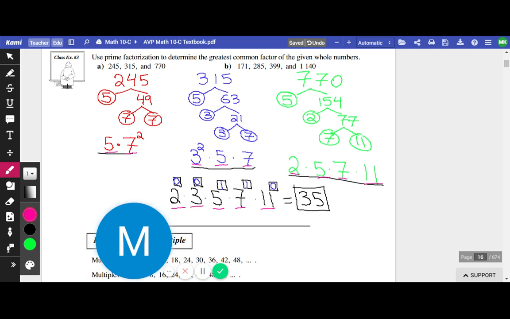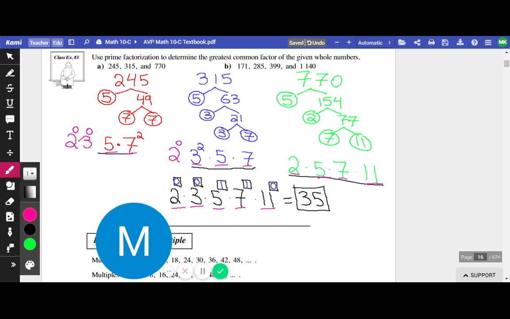For 2, the lowest exponent I used could have come from this one, which is technically 2 to the power of 0, or this one, which is technically 2 to the power of 0. The next number would be 3. This one technically has a 3 to the power of 0. We just don't write it in there, right? But that's the lowest number we would have.